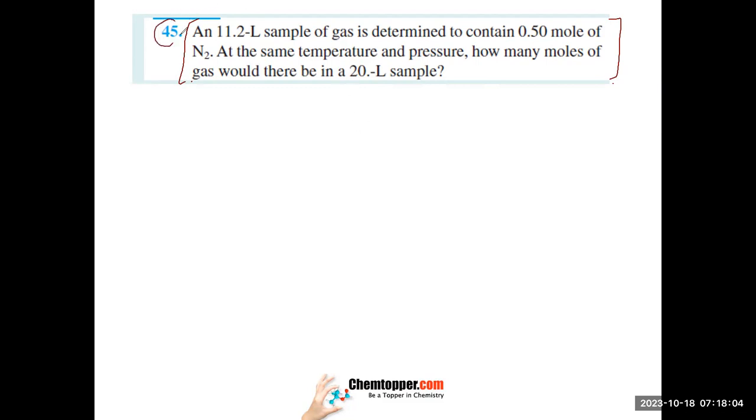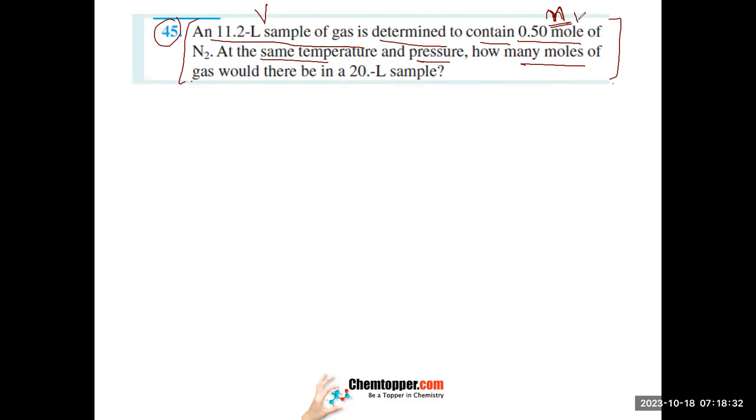Okay, question 45. An 11.2 liter sample of gas is determined to contain some moles. Volume is given, moles are given, n. N is the number of moles, right? Same temperature and pressure, Avogadro's law. How many moles?